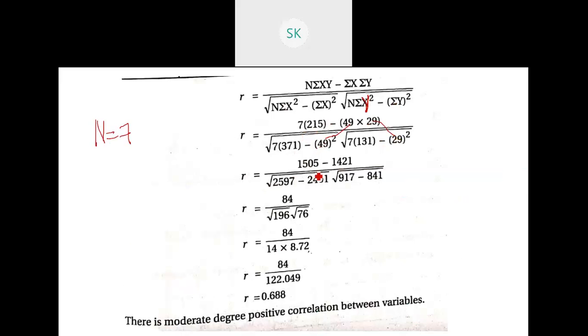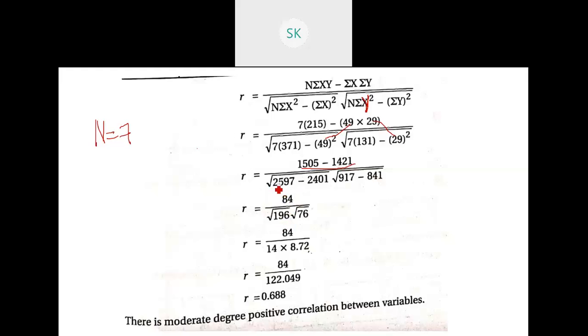Now 7 into 215 is 1505. 49 into 29 is 1421. Whole divided by square root of 7 into 371, which is 2597, minus 49 square, which is 2401. And the other square root: 7 into 131 is 917, minus 29 square, which is 841. Next step, 1505 minus 1421 gives 84, whole divided by square root of 196.